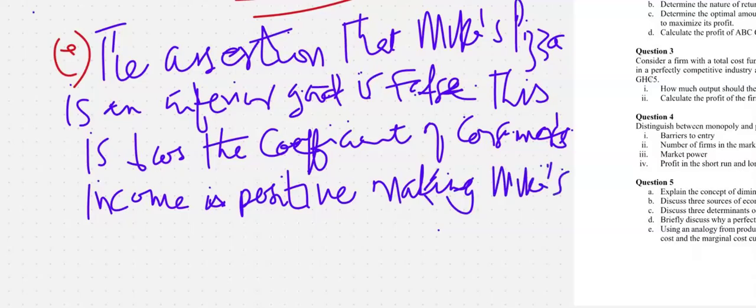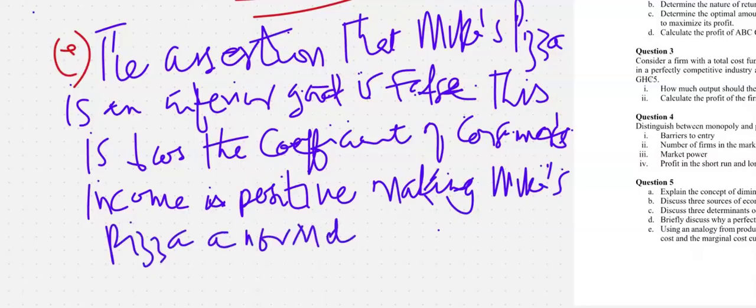That's it. Are you okay? So the assertion that Mike's Pizza is an inferior good is false. This is because the coefficient of consumers' income is positive, making Mike's Pizza a normal good. Are you good? All right, let's continue.